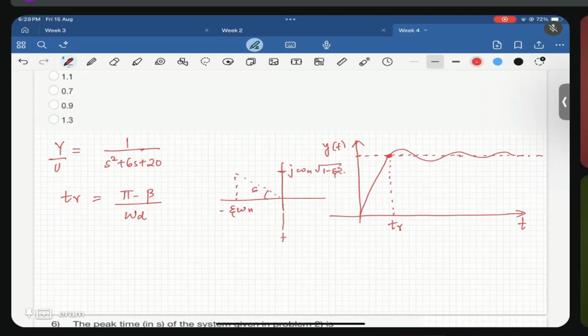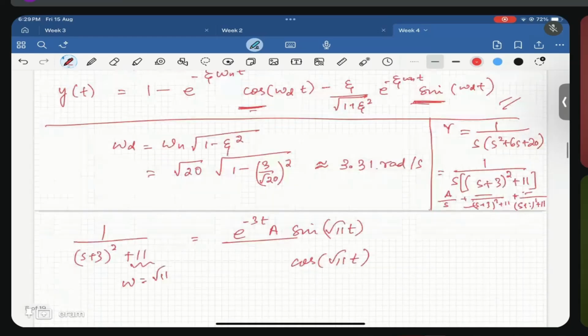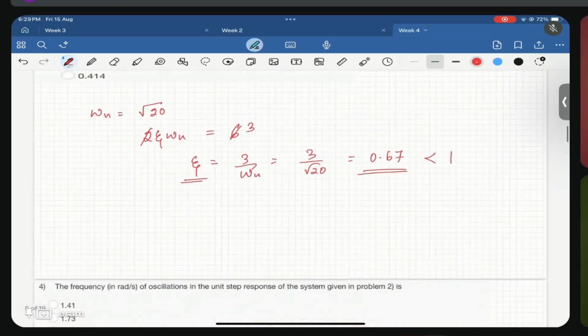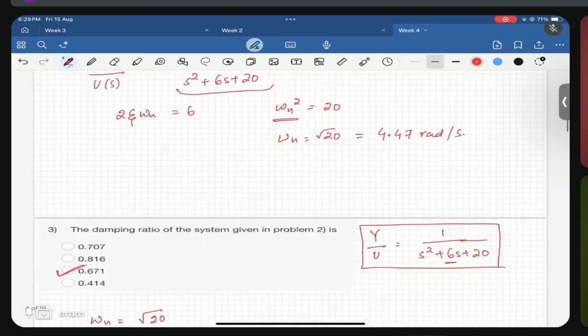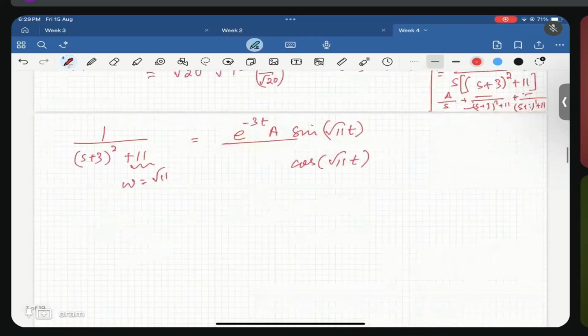This angle is called beta. So cos beta is nothing but zeta, so beta is cos inverse of zeta. Now calculate beta, because zeta we have already calculated for this system. It was, I think, 0.671.